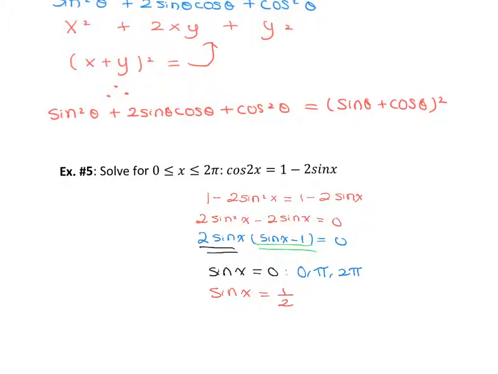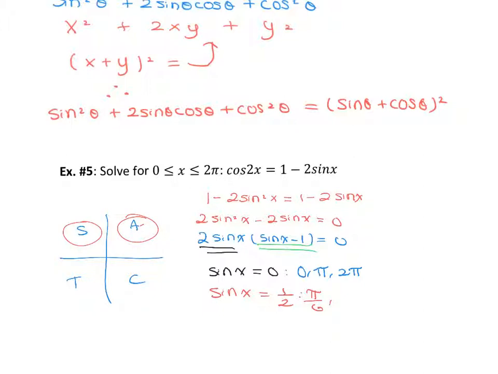And then what are all the values where I have a sine that's a positive 1/2? That's in between 0 and 2 pi. All students take calc. I have positive sine values here and here. And pi over 6.